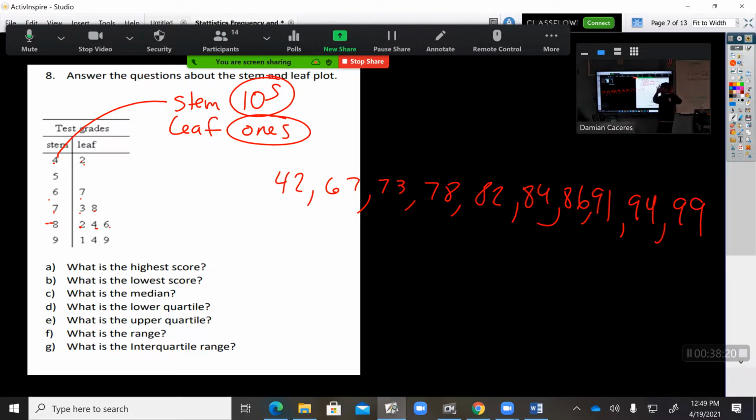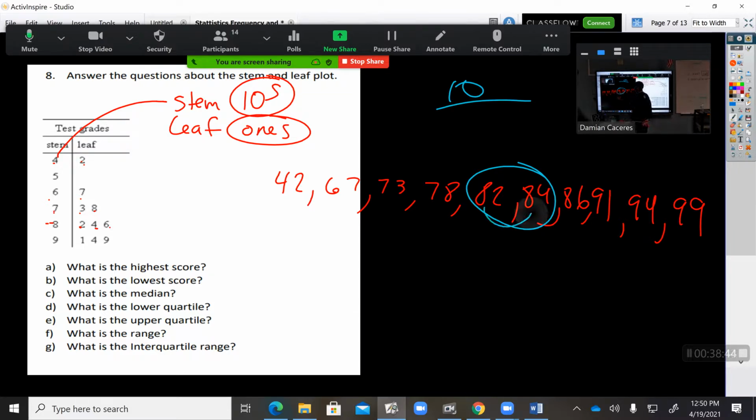So let's not look at your stem and leaf for a second, and let's pretend we're making a box and whisker plot with this. How many values do you have? 10 values. If it's an even amount, there are going to be 2 in the center. What two numbers are in the center? 82 and 84. You with me?